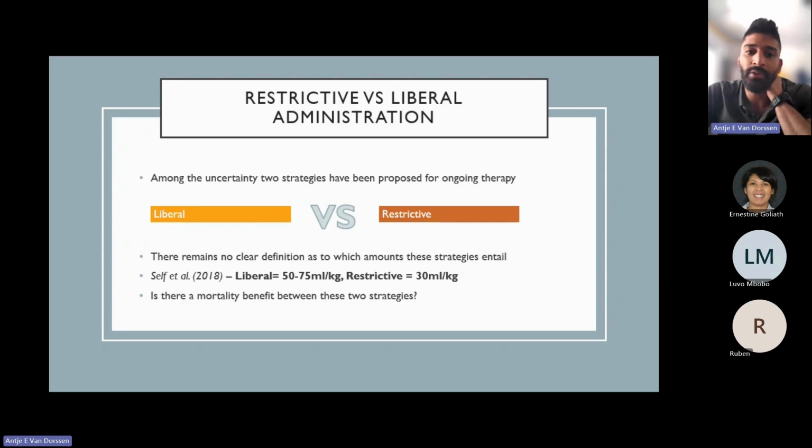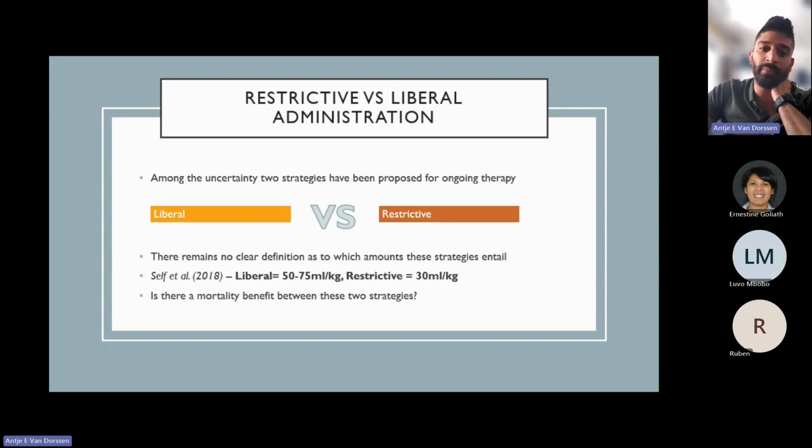So there still remains no clear definition as to which amounts these strategies actually entail. Someone went out on a limb, Self et al. did a trial in 2018 and actually noted the restrictive fluid balance being what was proposed at 30 mL per kilogram versus a liberal fluid protocol being 50 to 75 mL per kilogram.